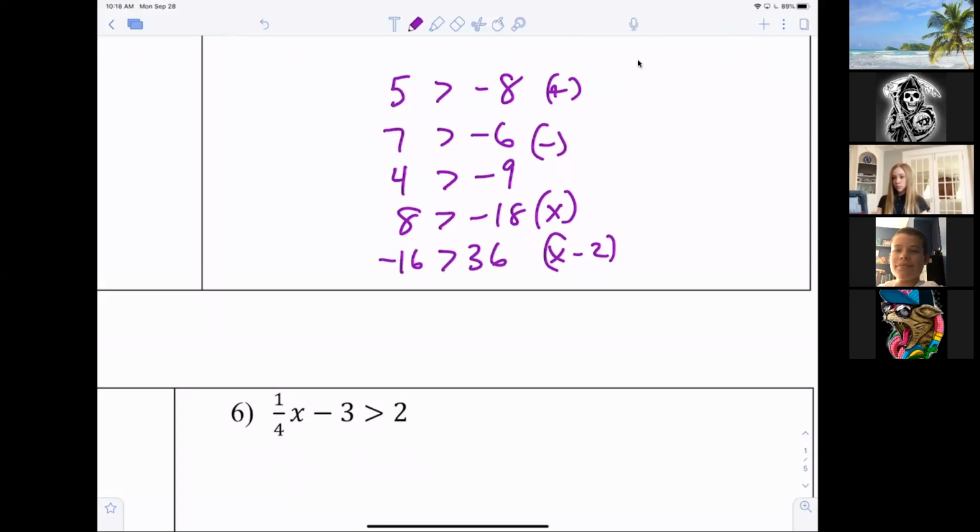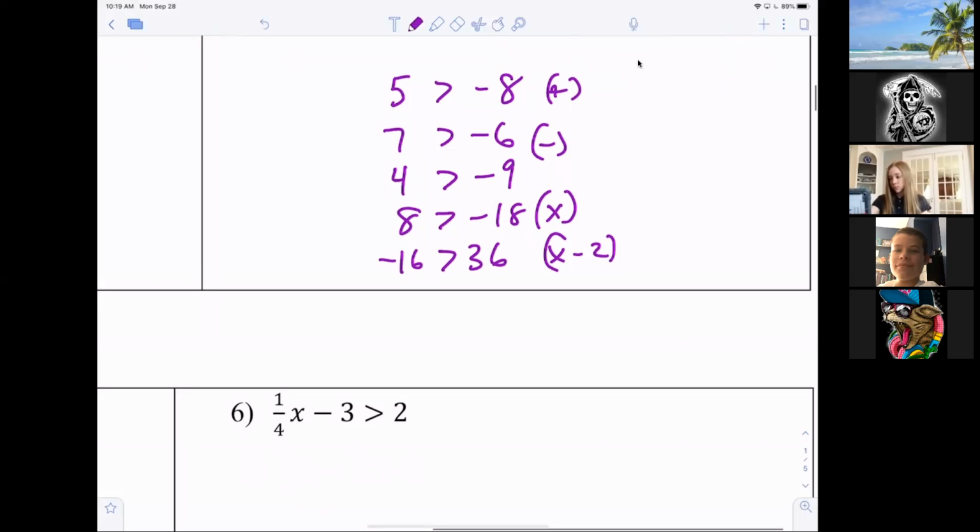Is that true? No. Wow, that is not true. So I multiplied by a negative, and it created a false statement. So in order to make it a true statement, I have to do what? Switch the sign. You have to change the inequality sign.